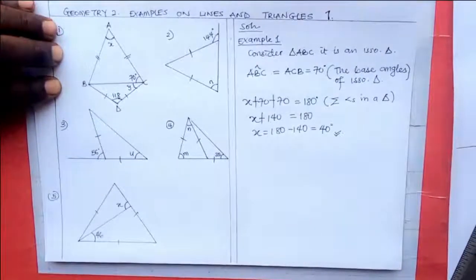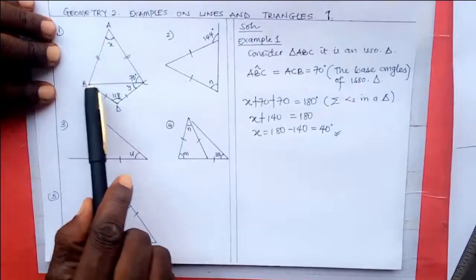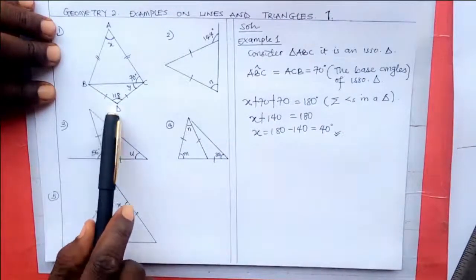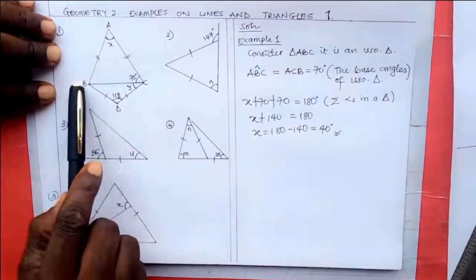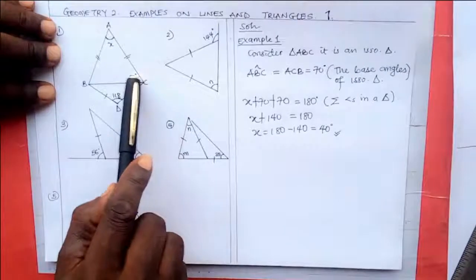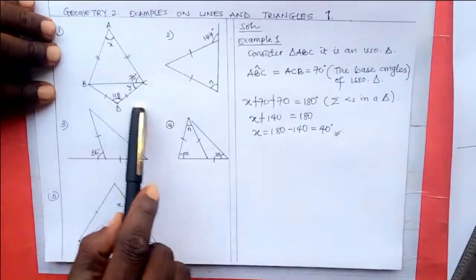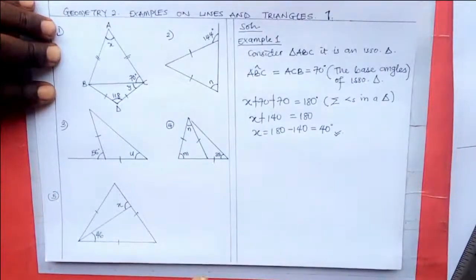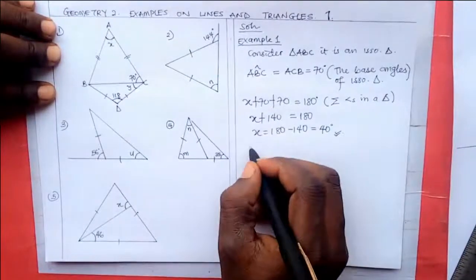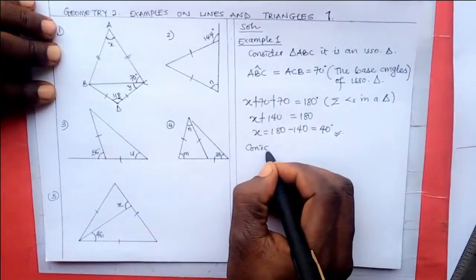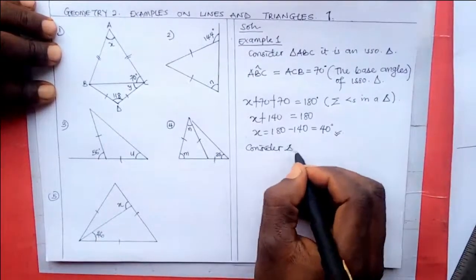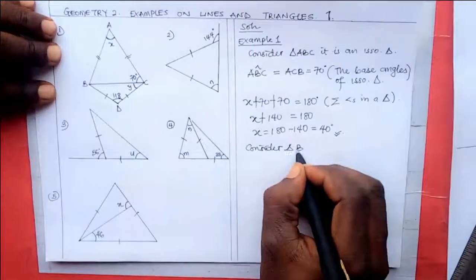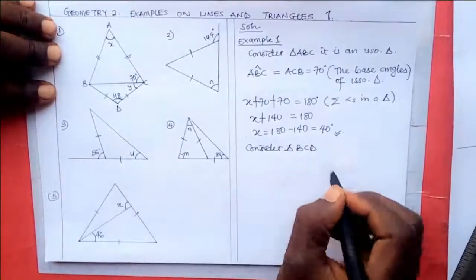So we move to example to get the value for our y. To get the value for our y, we have to consider the triangle BCD. And this triangle BDC is an isosceles triangle also. So consider triangle BCD.